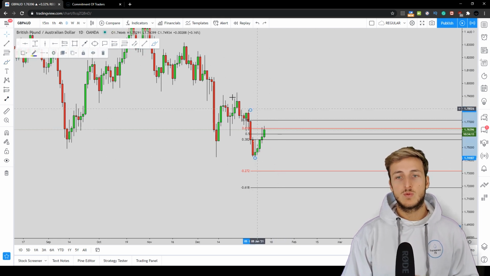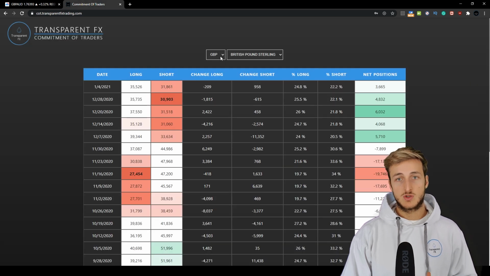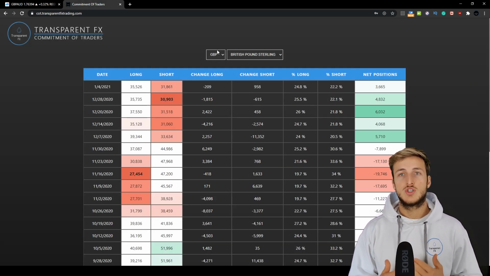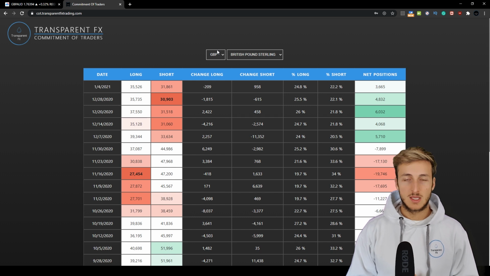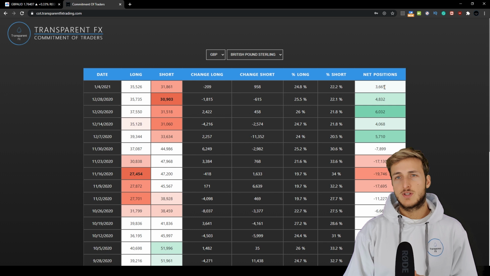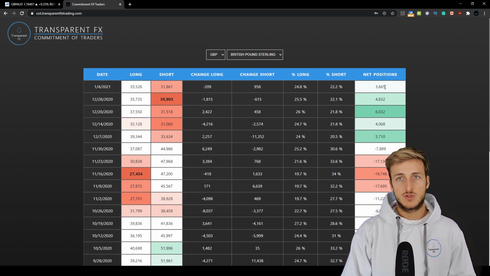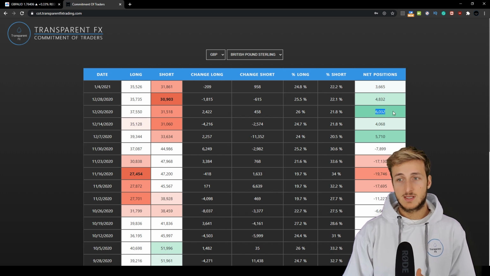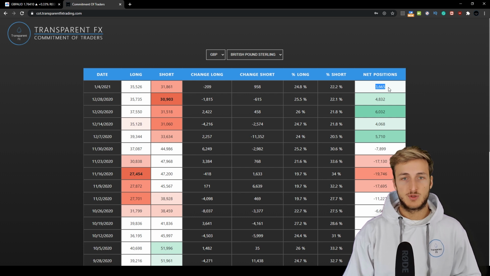Now, if we go and see what we have from a COT perspective, so commitment of traders, which is what hedge funds are currently doing in the market, on the pound, we can see that with the last reports, hedge funds have started shifting their positioning again to the negative side. In fact, we went from having 6K net positions all the way down to having 3.6K net positions.